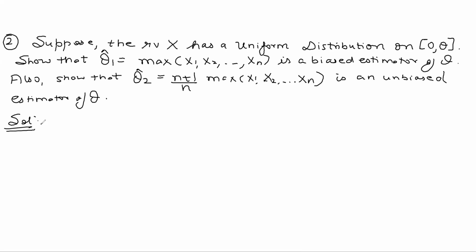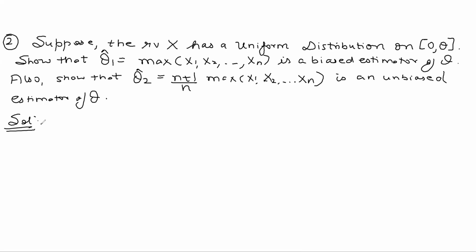We are given that the random variable x has a uniform distribution on 0 to theta. We need to show that theta 1 hat, which is max of x1 to xn, is a biased estimator of theta. And we also need to show that theta 2 hat, which is n plus 1 by n times max of x1 to xn, is an unbiased estimator of theta.